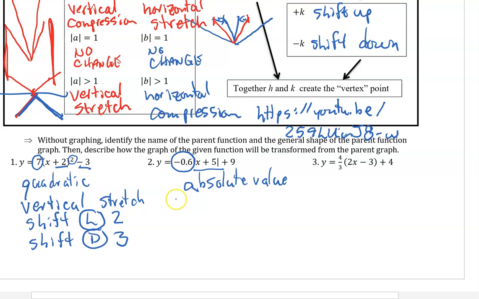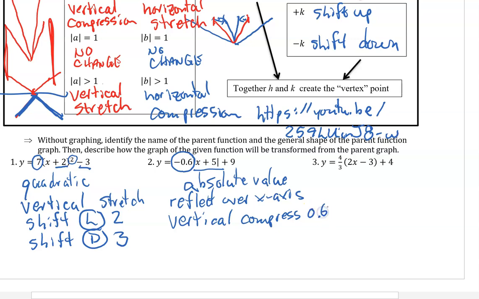So that means it's going to reflect over the x-axis, or it will open downward, and then it is going to vertically compress by 0.6, because the absolute value of a is less than 1. x plus 5 is x minus negative 5, so it will shift left by 5, and it will shift up by 9.